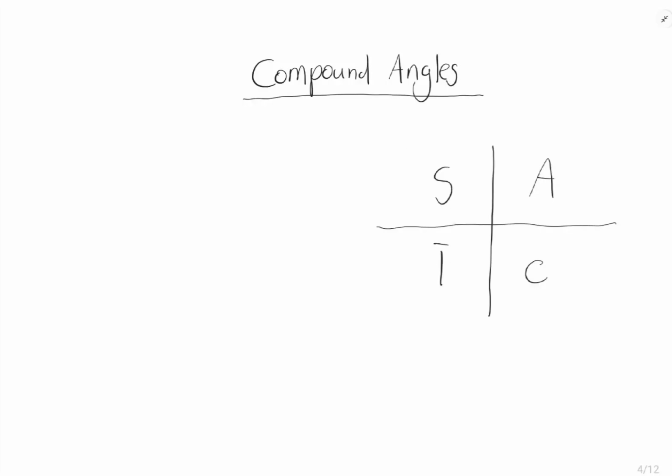So we know that in all of these quadrants, we've been having these general forms: 180 minus for the sine quadrant, 180 plus for the tan, 360 minus for the cos, and 360 plus for the all, right? So as you can see, you would say that these angles are compound angles as well because it's two angles, right?